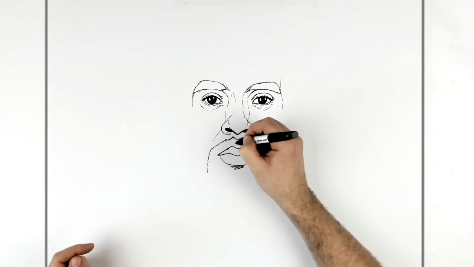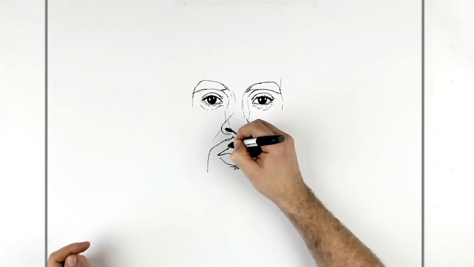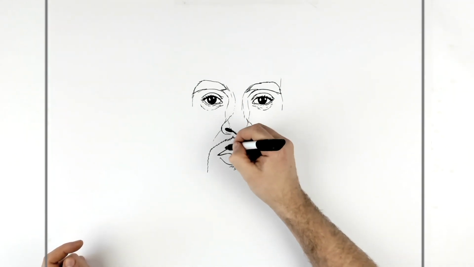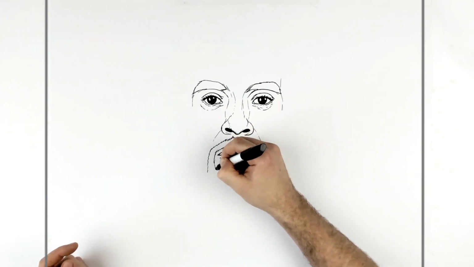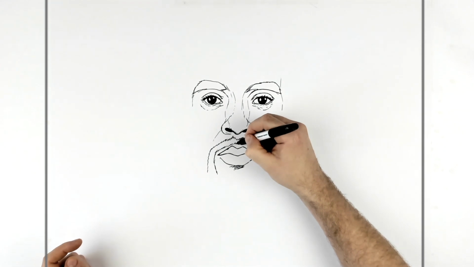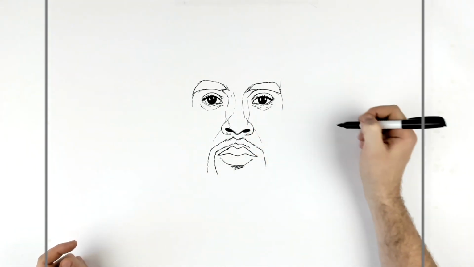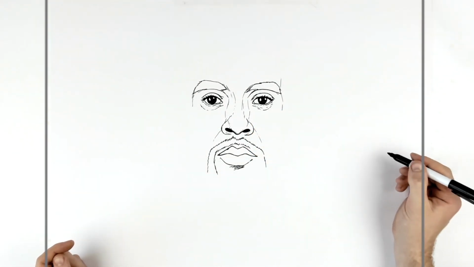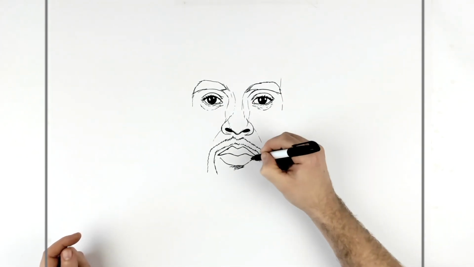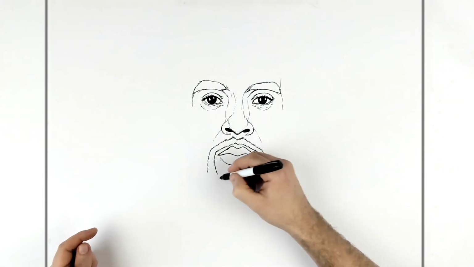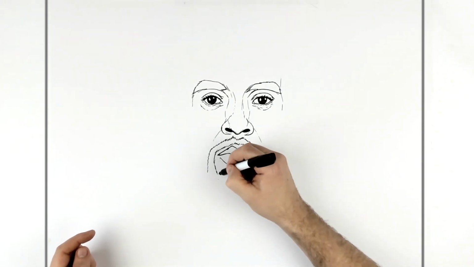And then around his lip as well. So it goes around here. It's not quite touching his top lip. It just goes around it. And then it goes straight across sort of here as well.